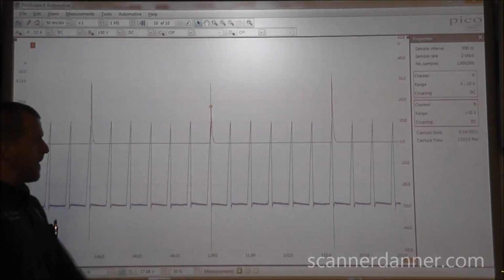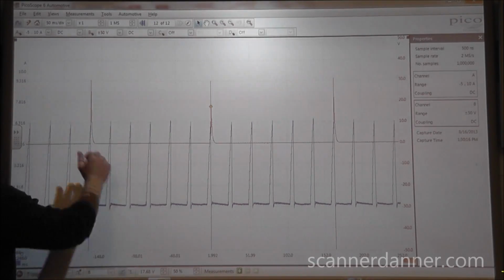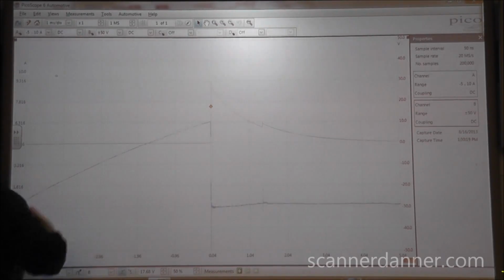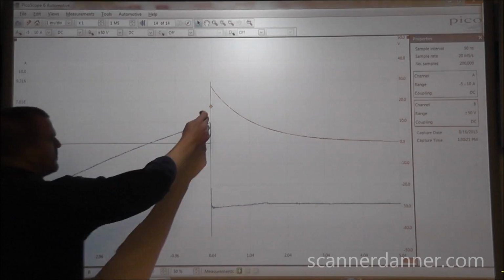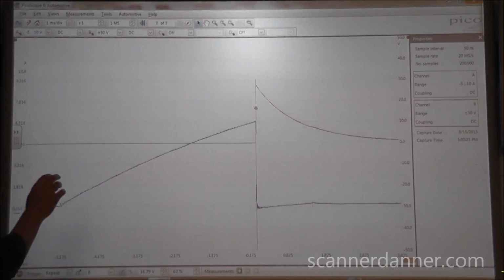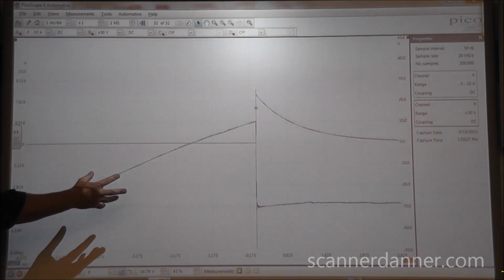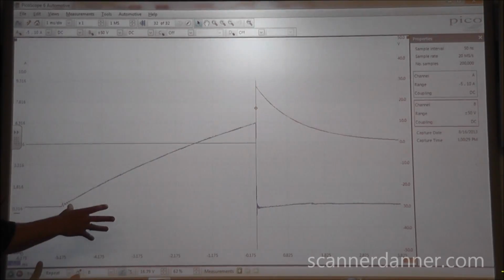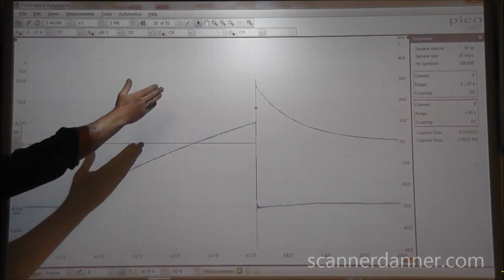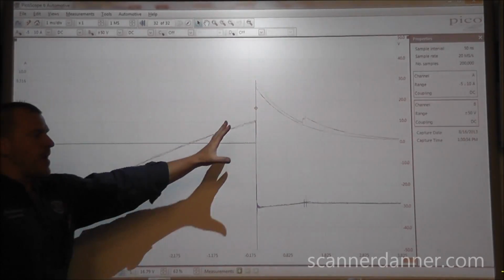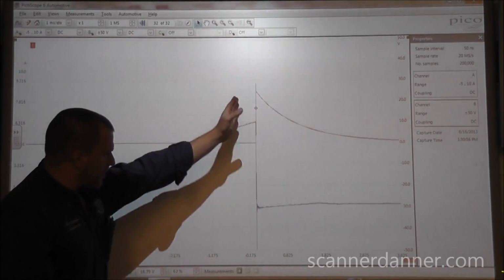And now when I zoom in on that, changing my time base, I am simply just looking at the number 1 cylinder firing event, the coil, and really this trigger event occurring at the collapse of that magnetic field.